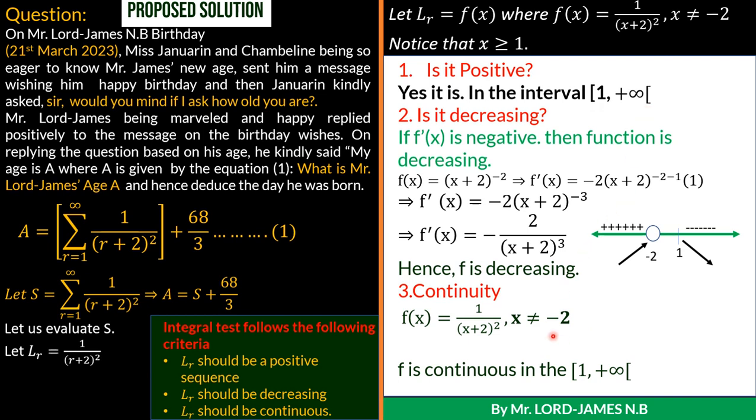So in between 1 right up to positive infinity, this function exists and is continuous. Hence, continuity is verified. f is continuous in the interval 1 up to positive infinity. So those are the arguments we could give for these three conditions, and since these three conditions hold, we can apply the integral test.